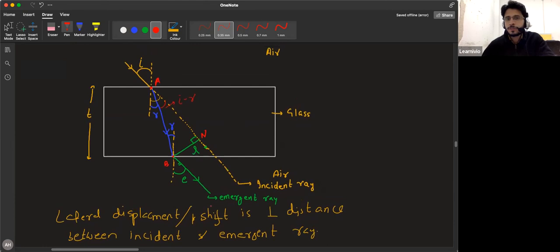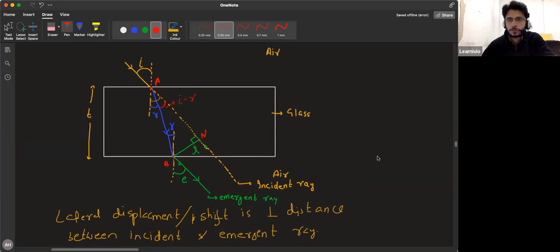So the lateral displacement is the perpendicular distance between the incident ray and the emergent ray. To calculate this, we can first calculate sine of I minus R. In this right angle triangle, what is sine of I minus R?